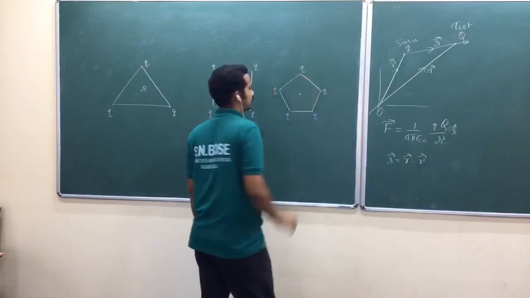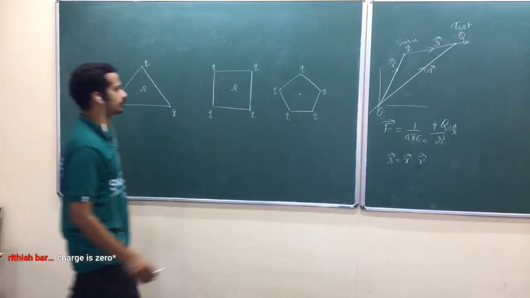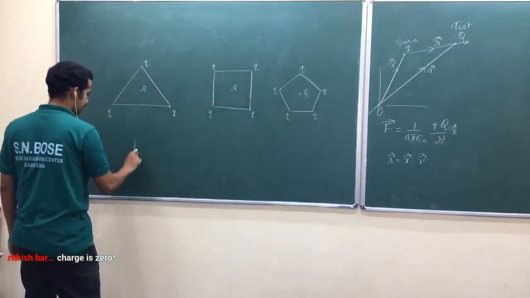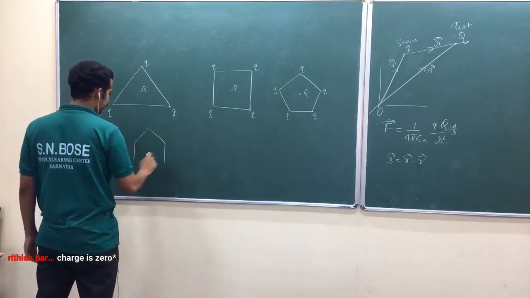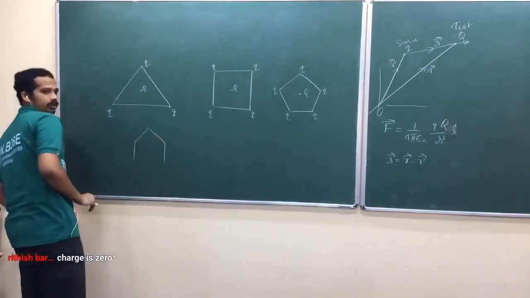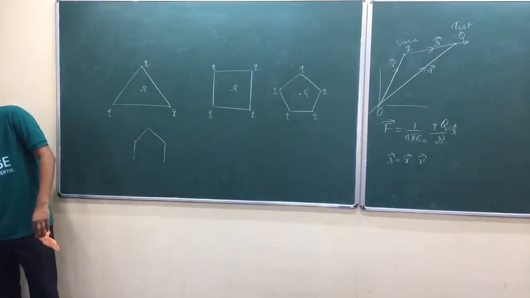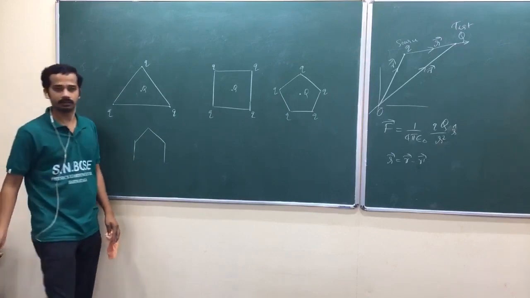What is the force on the charge at the center? What is the net force on the charge q at the center? So I have a hexagon. Regular hexagon. Regular means all sides are equal. Okay. I think he has given like that. Am I right? In the next problem, 13-sided regular polygon like that.